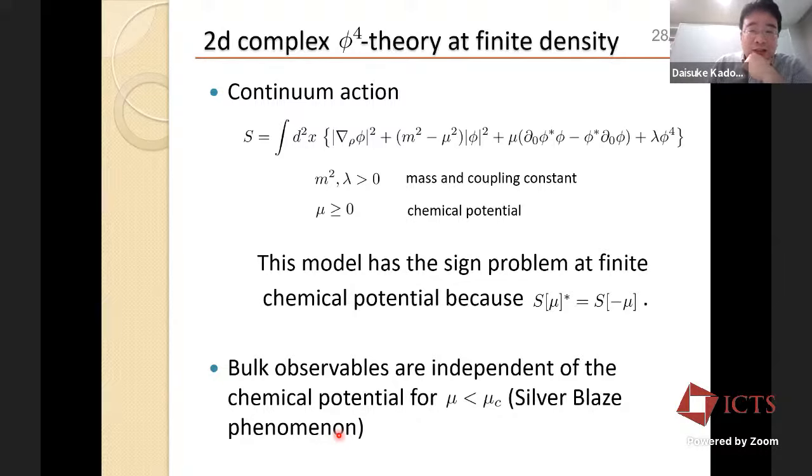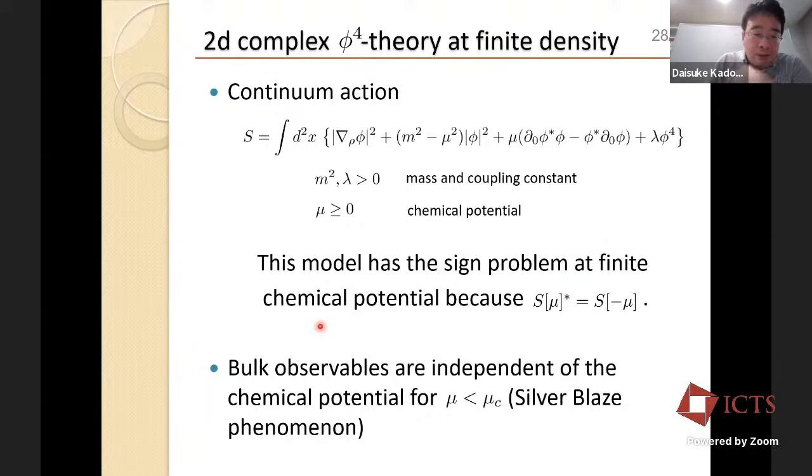And the action of the 2D complex scalar field theory at finite density is given by this action, with m squared, lambda the coupling constant, and mu the chemical potential. And this model has a sign problem at finite chemical potential because there is a pure imaginary part for non-zero chemical potential.